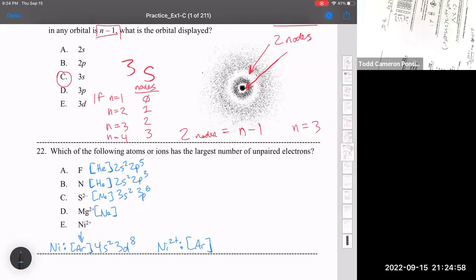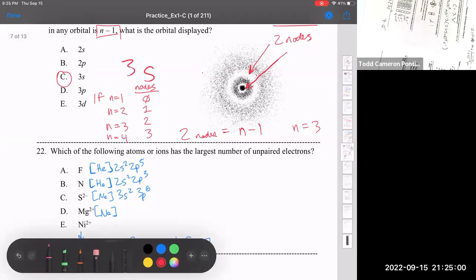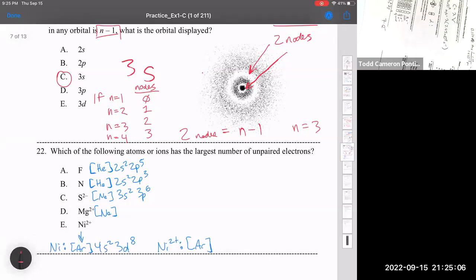So we're going to take away both of these. And we're just going to have 3d8 for nickel 2 plus.